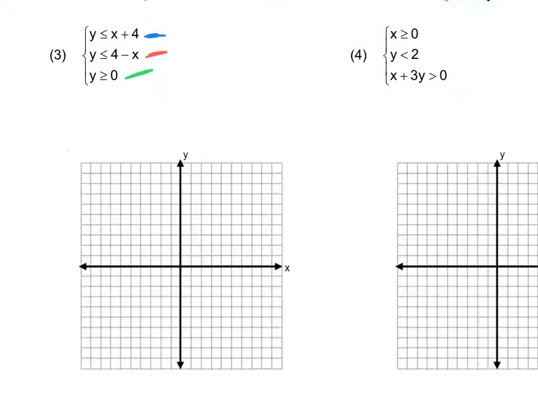All right, x plus 4, 1, 2, 3, 4, with a slope of 1. Is this going to be a solid or a dotted or dashed line? Solid. So let me do a solid. Oh, undo. Oh, wow.